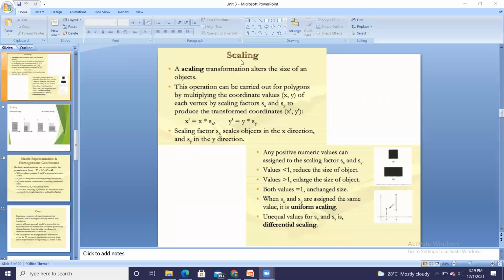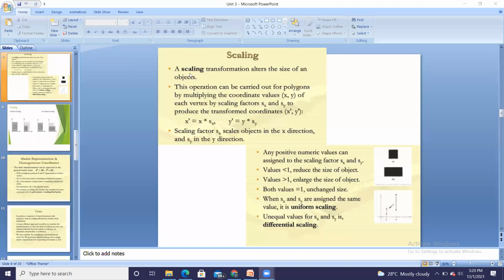They have nothing to do with the shape and size of the object. Right? Simply, they are changing the position of the object. But now scaling deals with the size and shape of the object. So scaling is a transformation which alters the size of the object.